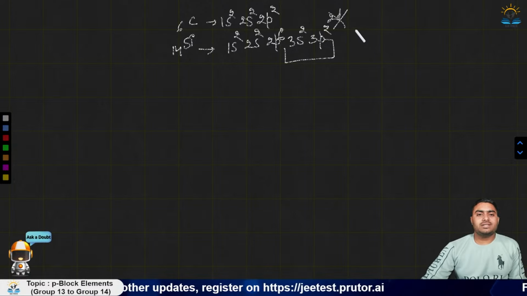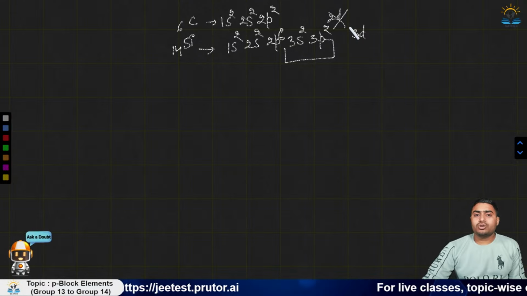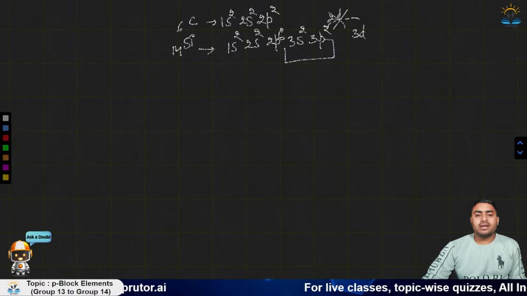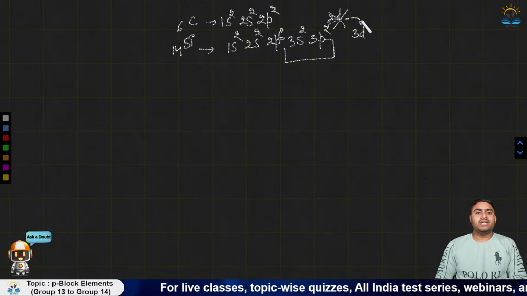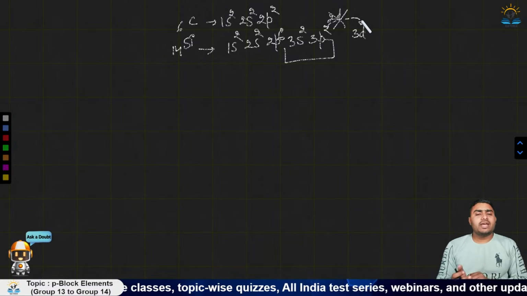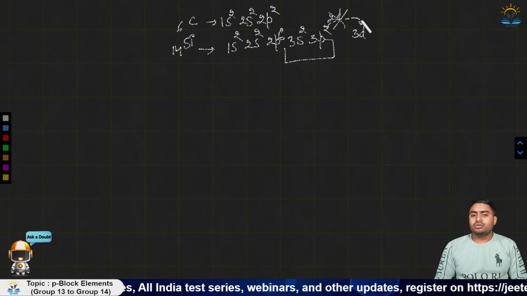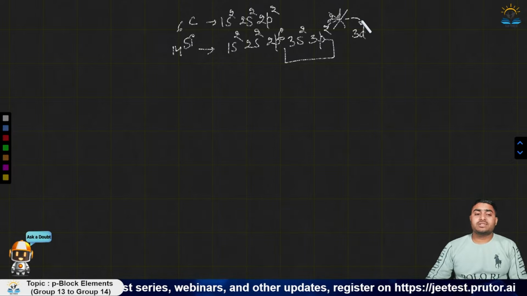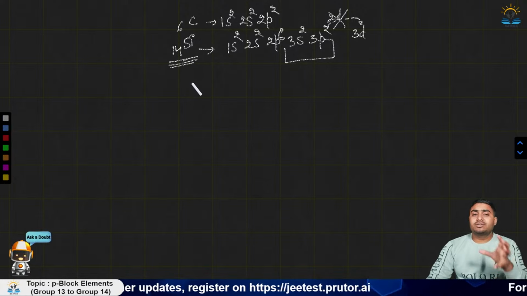You can see in this case 3d is also available, and an electron can jump from p or s to d, due to very small energy gaps. Due to this, silicon can form 6 bonds.